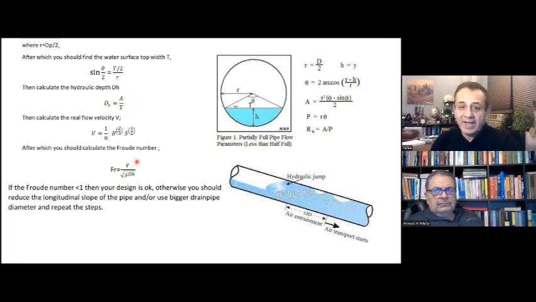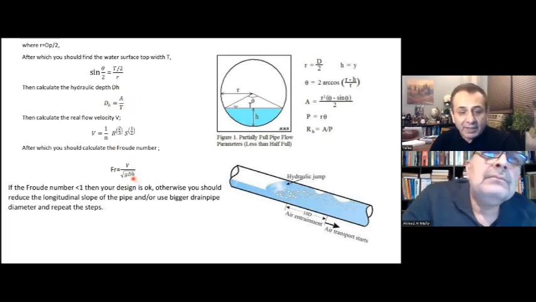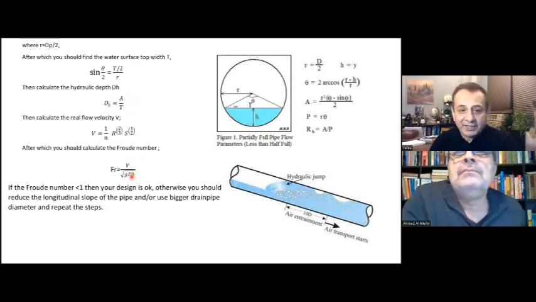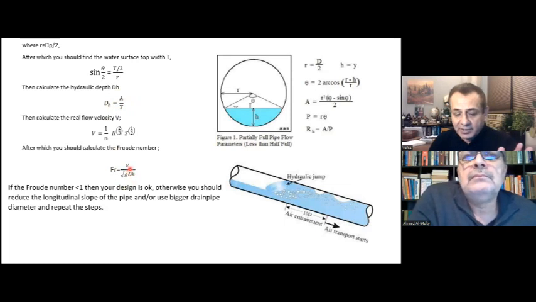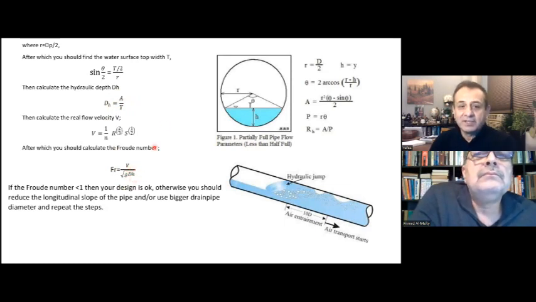By decreasing S, the longitudinal slope, or by increasing DH, the hydraulic depth. How do we increase DH? By increasing the diameter. When you increase the diameter, A will increase substantially, T is also increased, but as a result DH will be increased.